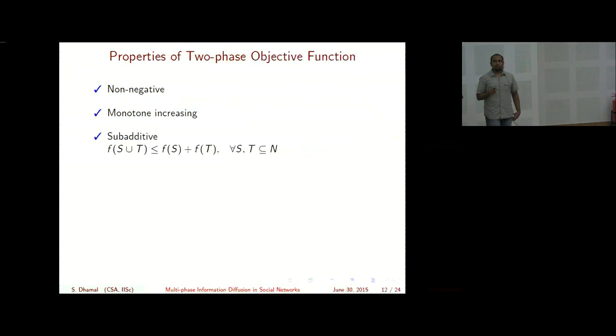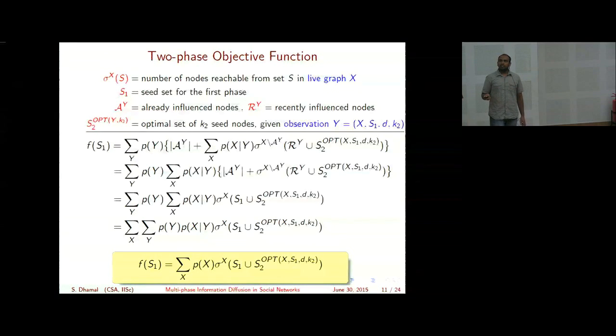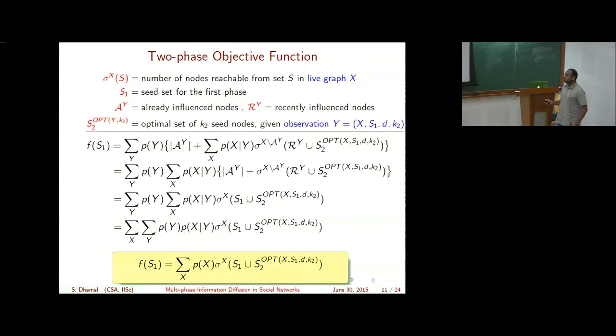Okay, so we studied some properties of this objective function. First, it's non-negative and monotone increasing. This is assuming that the budget split, K1 and K2, is fixed, and the delay D also is fixed, so my objective is now only over S1. For the moment, I'll extend it later to D and budget split also.